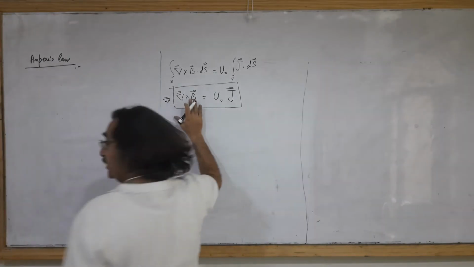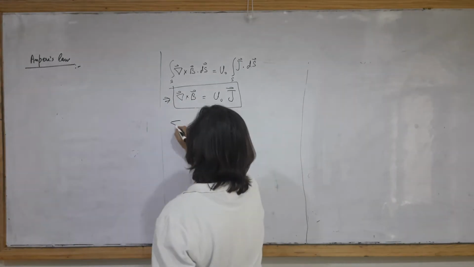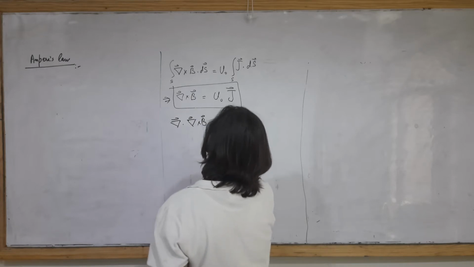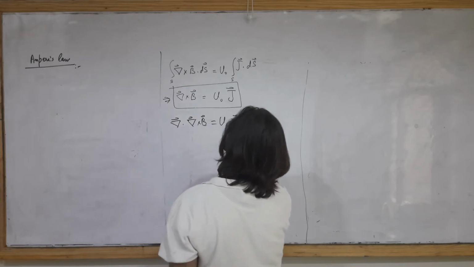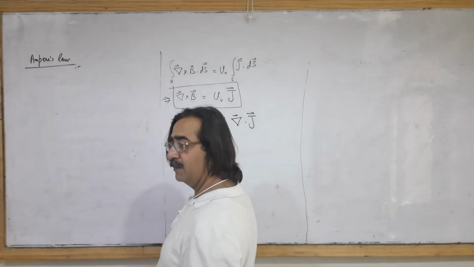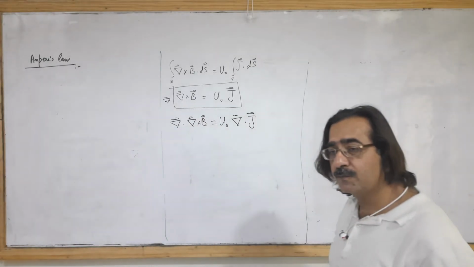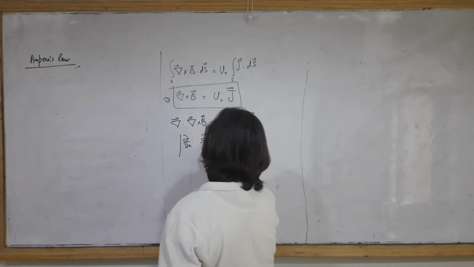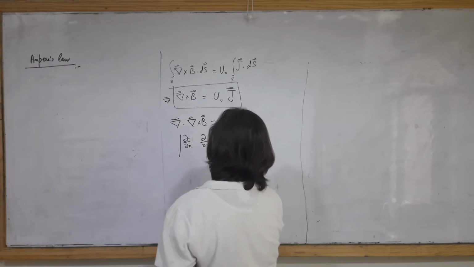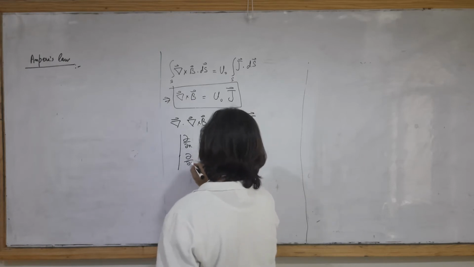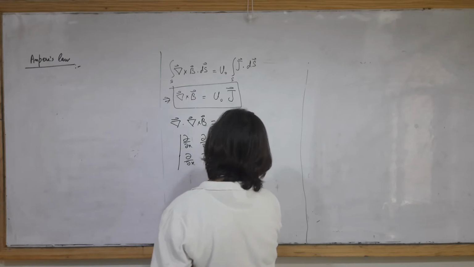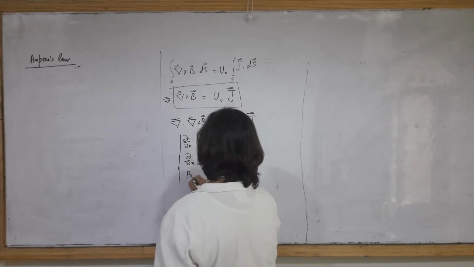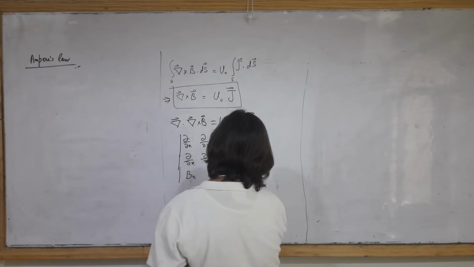So, this was the equation. If we take the divergence of both sides, then del dot (del cross B) will be mu naught del dot J. This can be written in determinant form with del/del x, del/del y, del/del z, and the components dx, dy, dz.